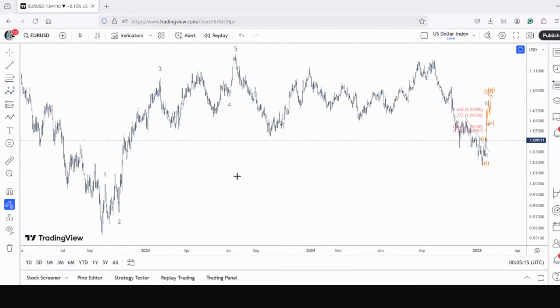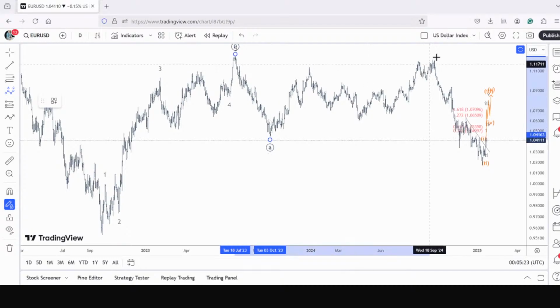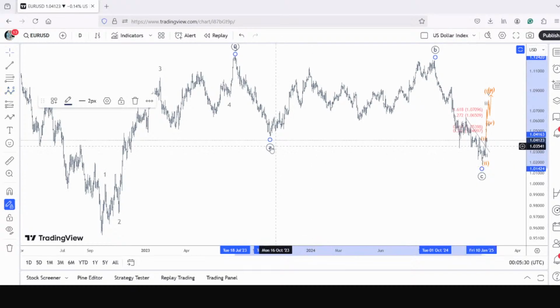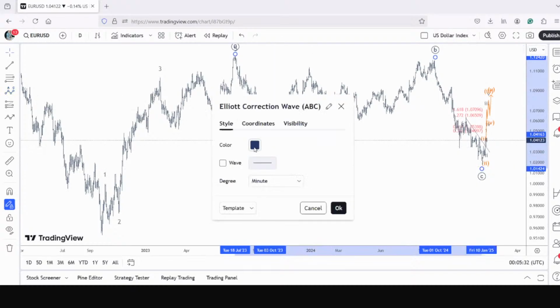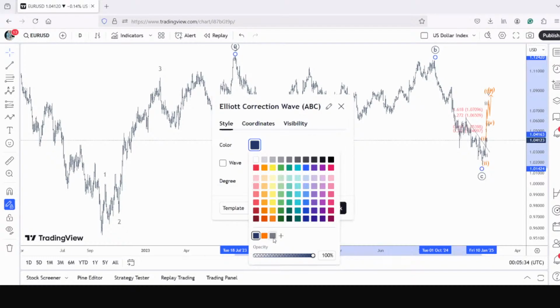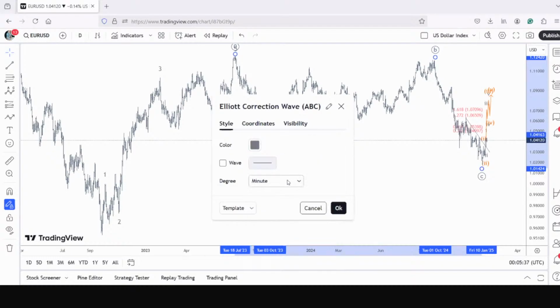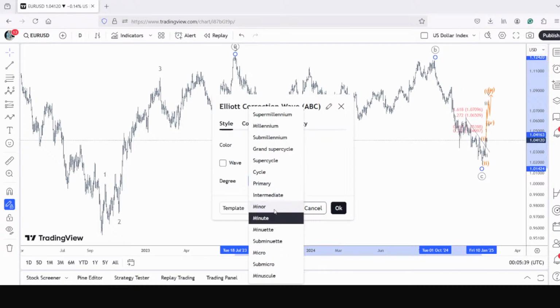Okay, that is a corrective wave I need to pick up from here. An ABC, and we change the degree to minor.